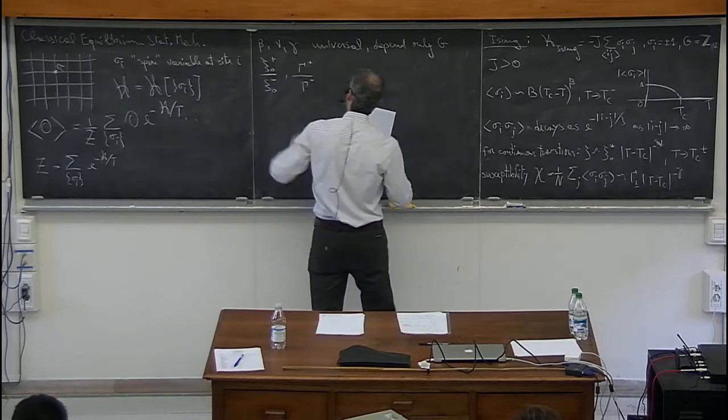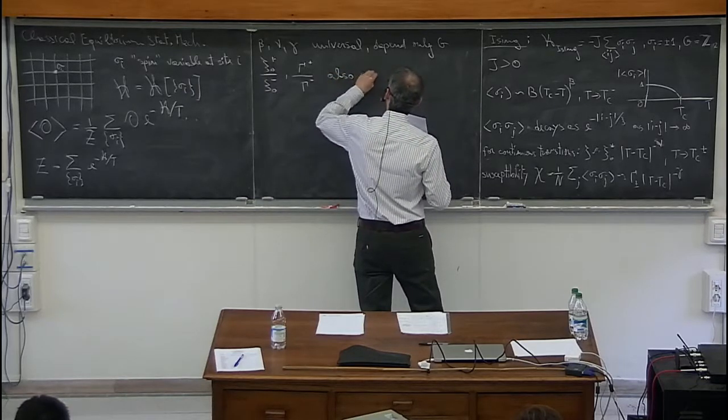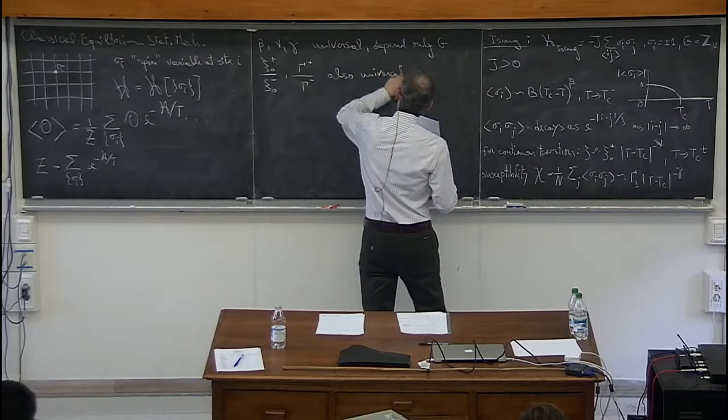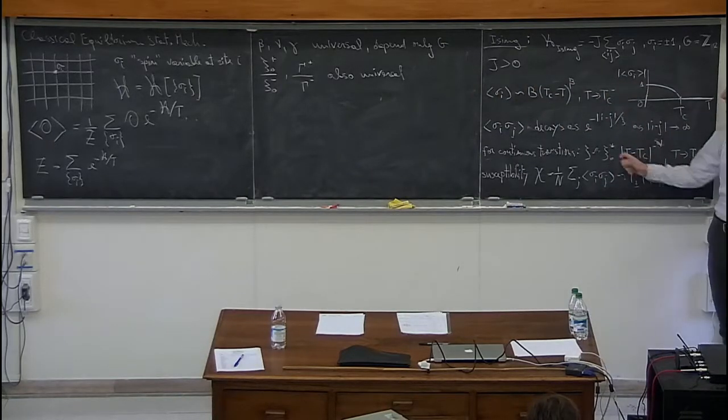You take ratios of amplitudes, in which, taking the ratios, you cancel the so-called metric factors. This amplitude multiplies the difference from critical temperature. This will be measured in some units, so the amplitudes know about these units in general.